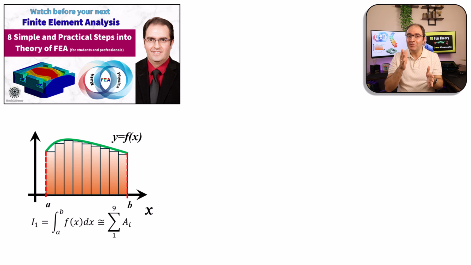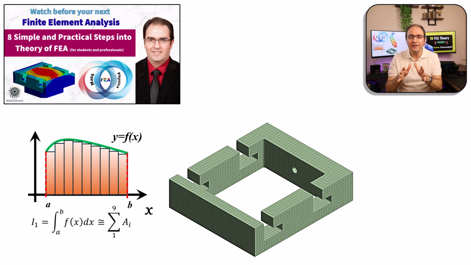Solving the full problem numerically all at once is often too difficult, if not impossible. So we divide it into smaller, manageable chunks called elements. Each element is defined by nodes, and we solve the problem locally within each element. Then, just like in numerical integration, we assemble the results in all the elements to approximate the behavior of the entire system.